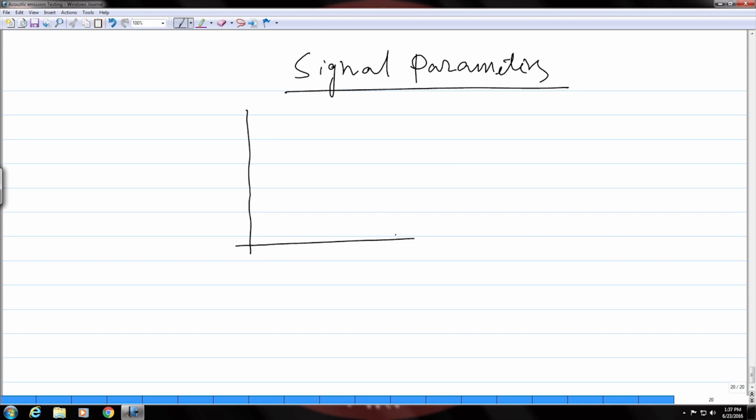So, this signal which is obtained will be converted into an electrical signal finally for the measurement system to process it and then display it.